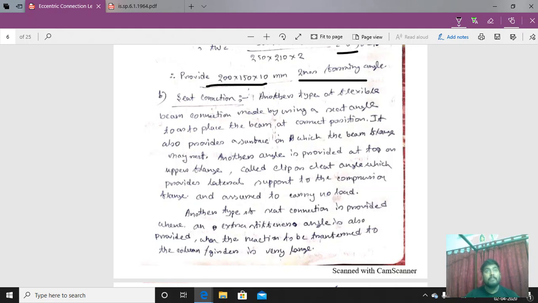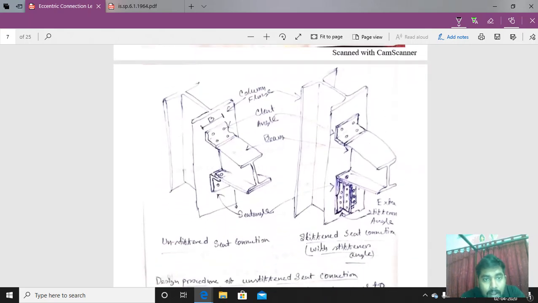The surface of the connecting beam rests on the seating angle, which is used for the correct positioning of the beam. By providing the seating angle, the correct positioning of the beam can be achieved. If we see the picture here, two types of seat connections are generally provided: unstiffened seat connection.